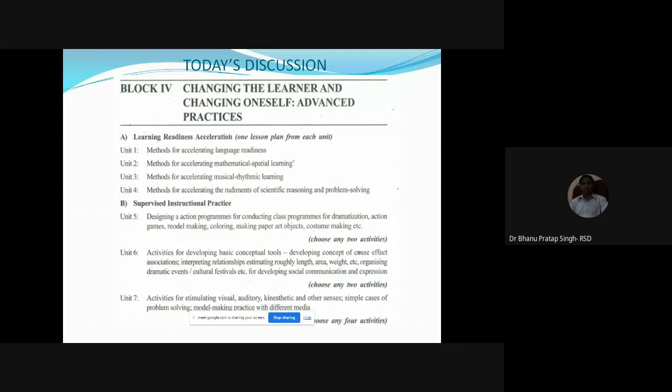Unit 7, activities for stimulating visual, auditory, kinetic, and other senses. Simple case of problem solving, model making practice with different use of media. So from this we have to choose four activities. Means from A 4, from B 8, total 12 activities.